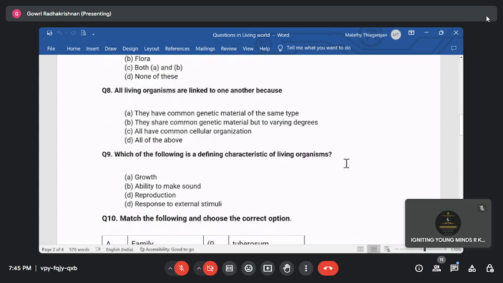Now question 8. All living organisms are linked to one another because... what do you mean by genetic material?